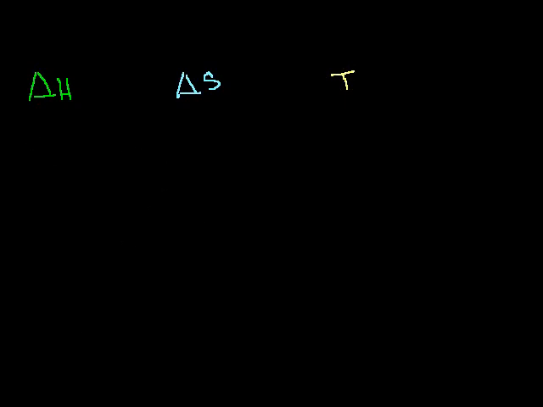So let's think of the first case. Let's think of the situation where our delta H is less than 0, and our entropy change is greater than 0. My gut already tells me that this is going to happen. This is a situation where we're going to be more entropic after the reaction. One way of looking at entropy, we could have more states. Maybe we have more particles.